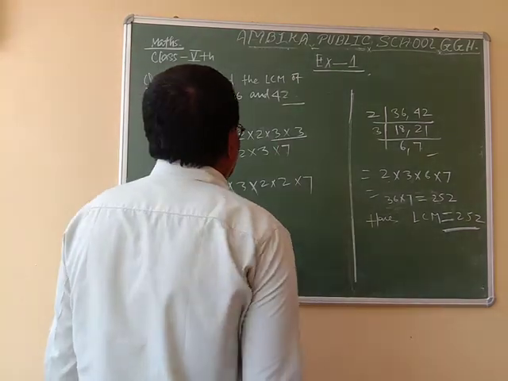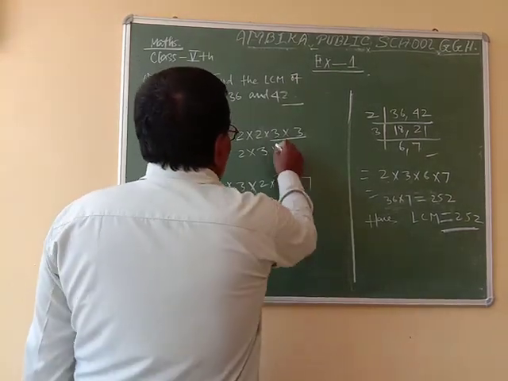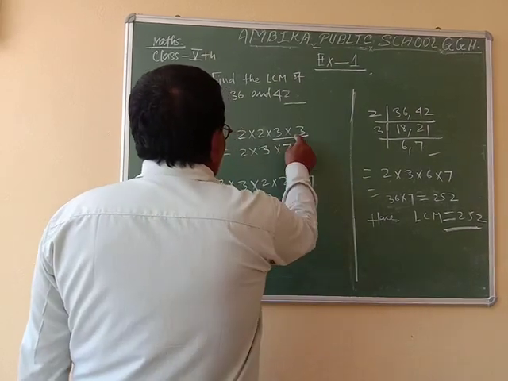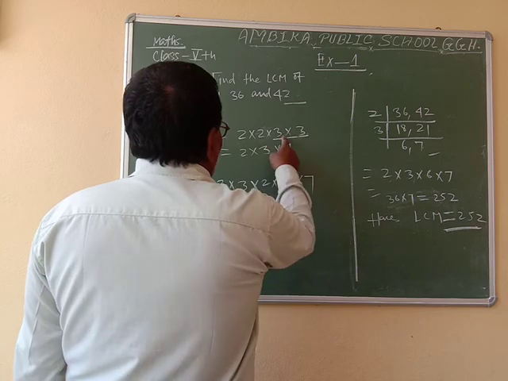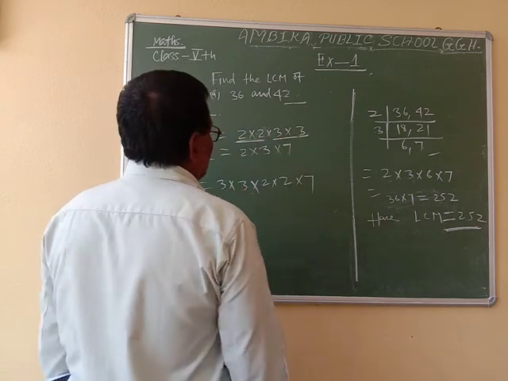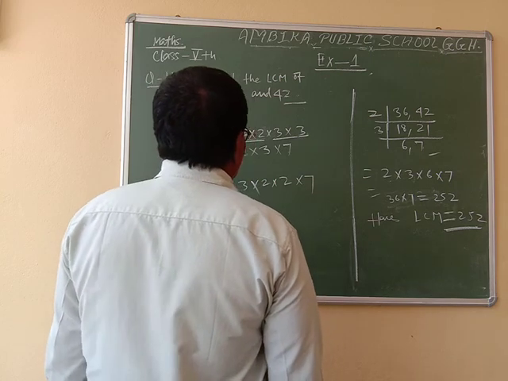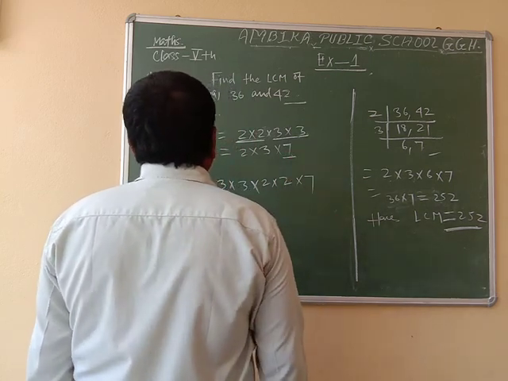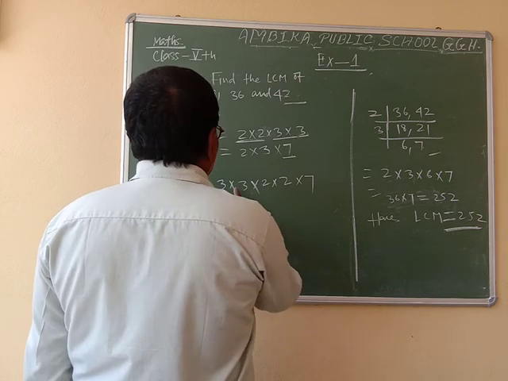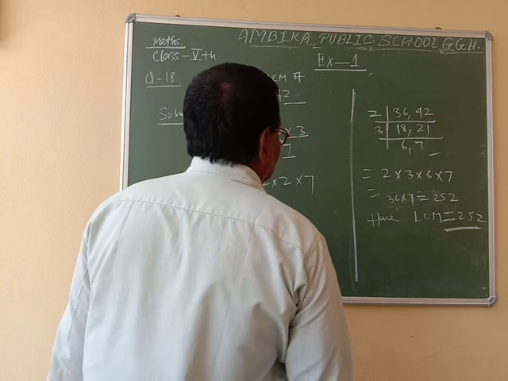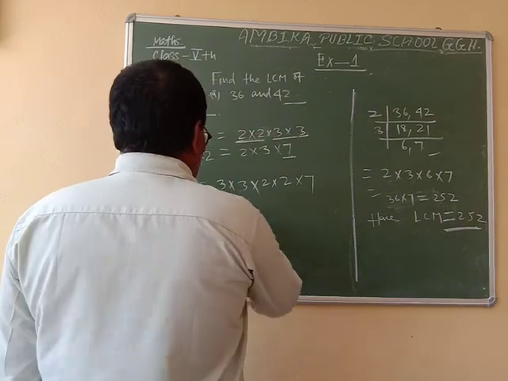Common factors first, and after the common factors we take the rest: 3 into 3 into 2 into 2, greatest power, and at last we write 7. So LCM is equal to 3 into 3 into 2 into 2 into 7 equals 252.